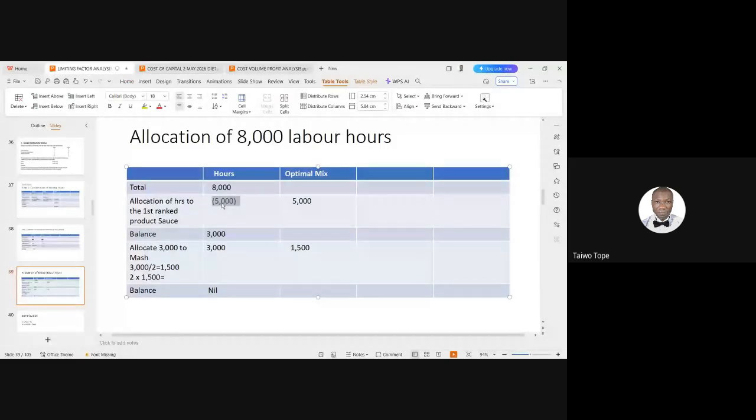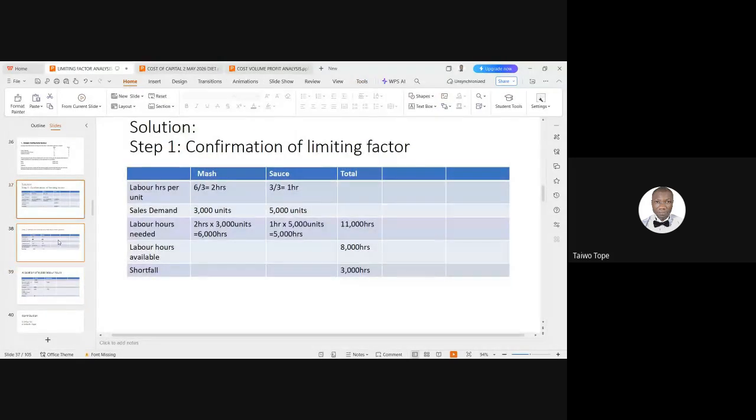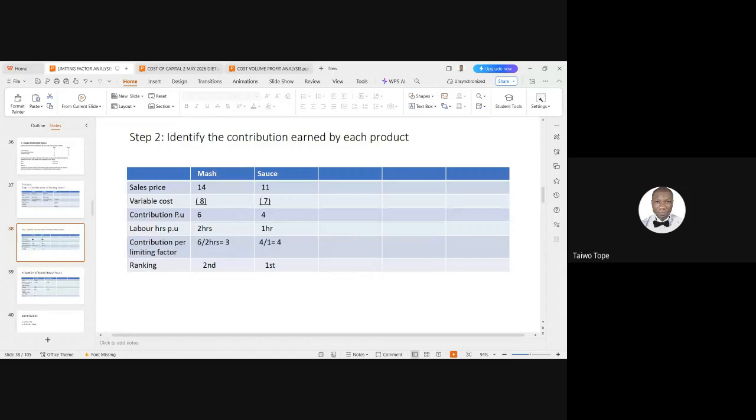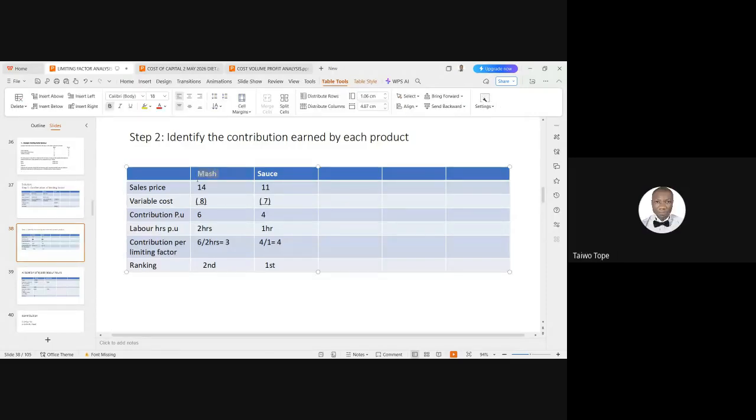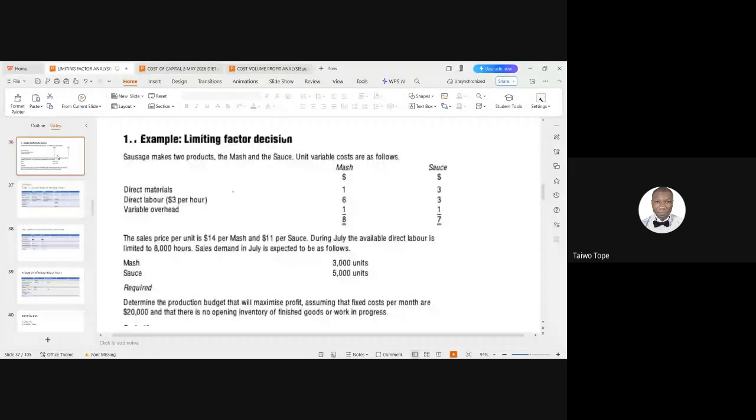Okay, when you less 5,000 from the total hours, what do you have as balance? 3,000 hours, sir. Fine. Now, this 3,000 hours is what you need to produce the next rank product, which is what? Mesh. But take note, for us to meet the whole demand for mesh from the question, you need to produce 3,000 units.